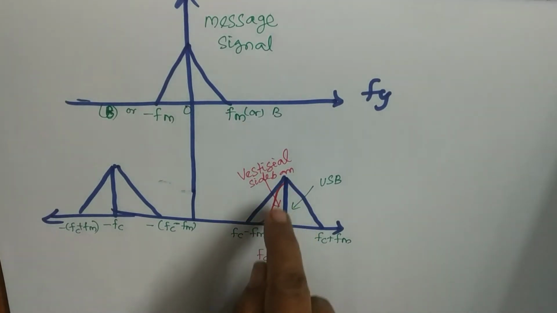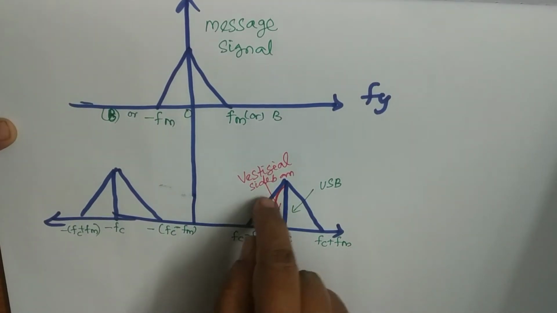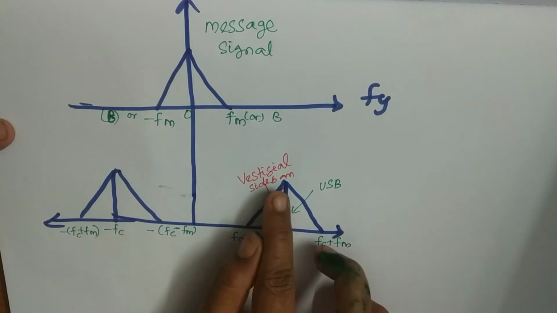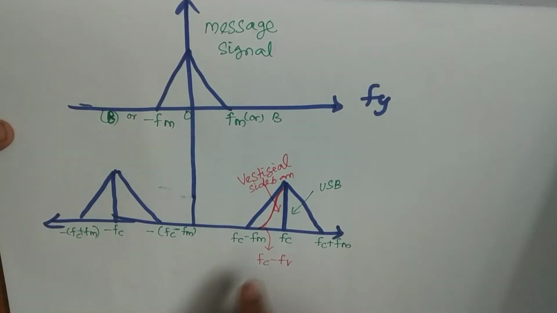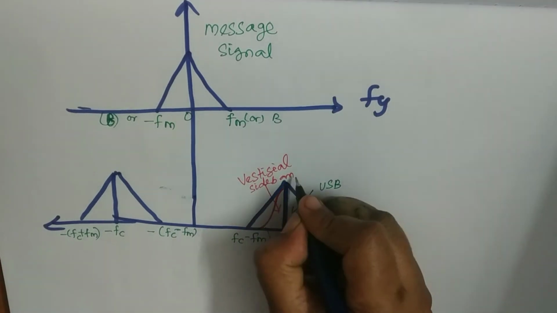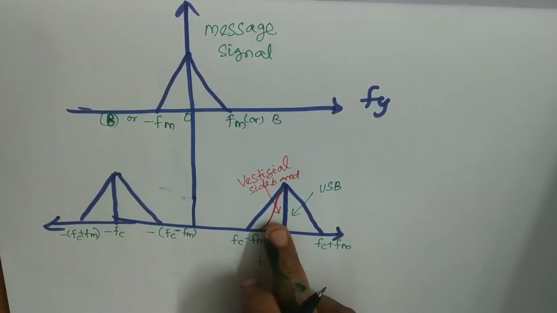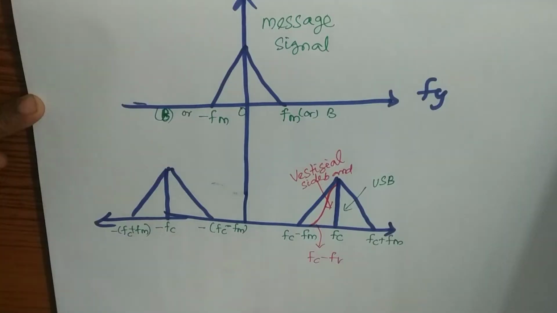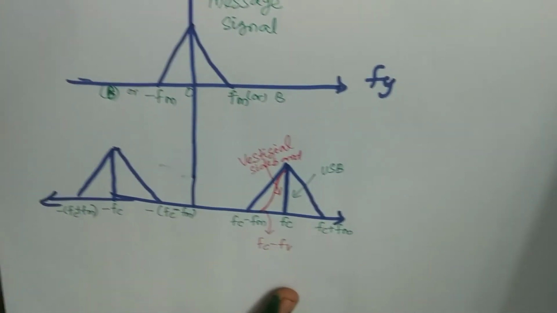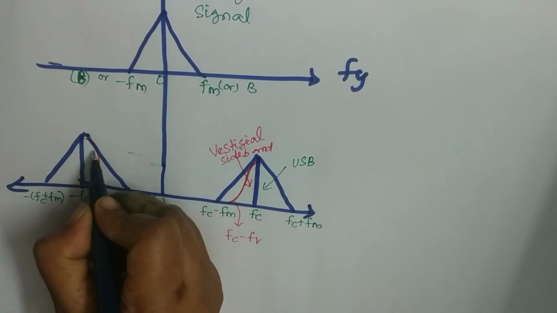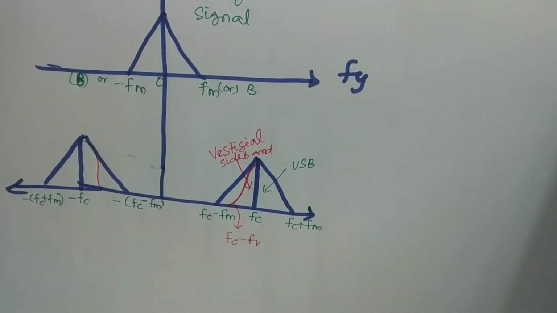This one portion is the unwanted portion. So in one of the sidebands, one portion is removed like this. So this is the vestigial sideband. In this way the vestigial sideband is generated.